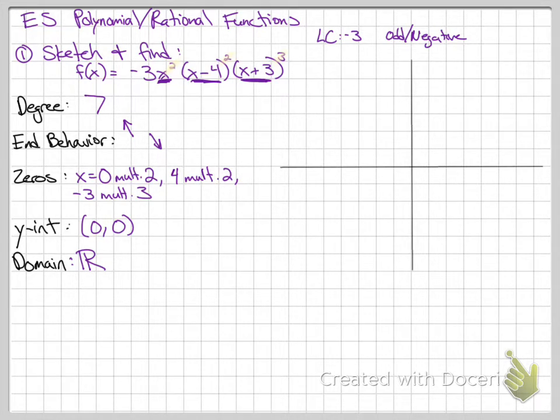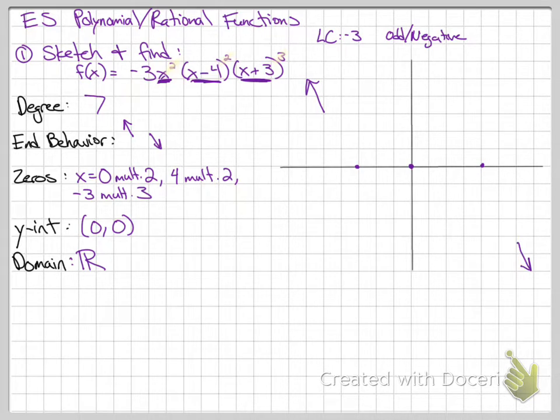So to sketch, we plot our zeros. So there's 1 at 0, 1 at 4, and 1 at -3. Then my arrows are supposed to be going starting from the top left and ending in the bottom right.